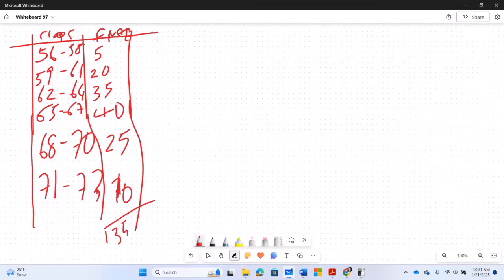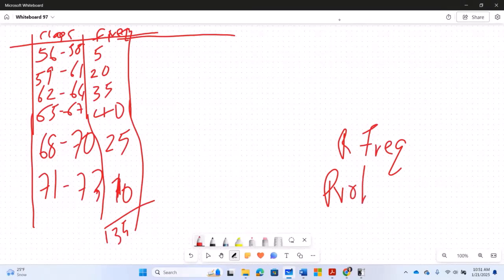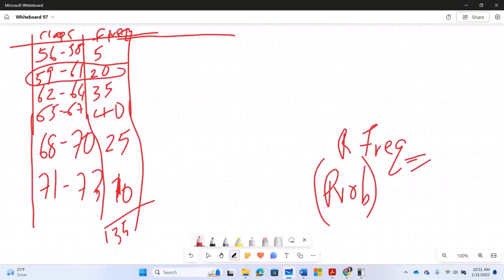Now I am going to create a column for relative frequency. Relative frequency is the same as probability, because they asked us what the probability is. It is the frequency of the class over the total. We are only interested in the relative frequency of the second class.